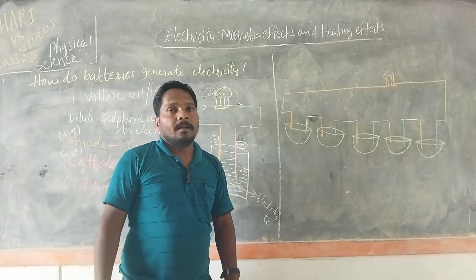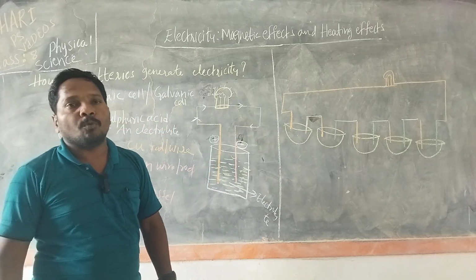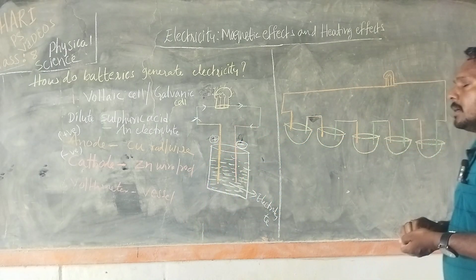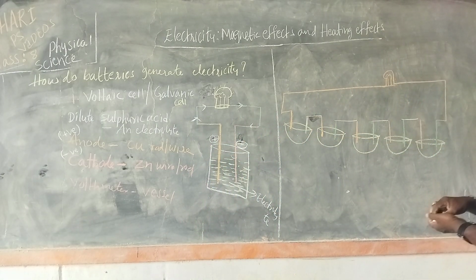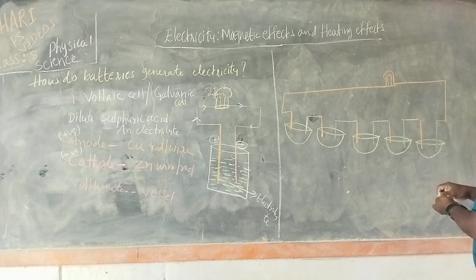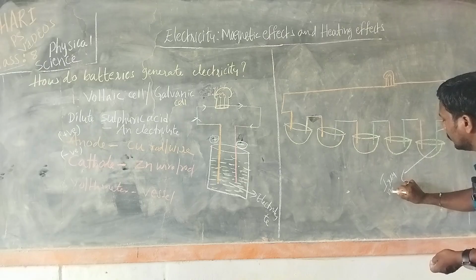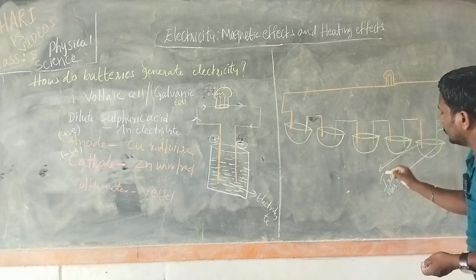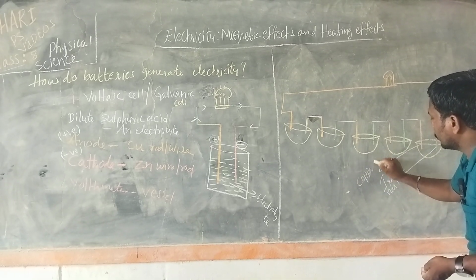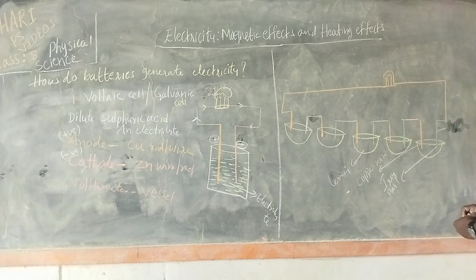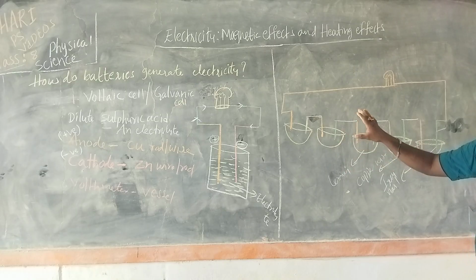In this way, we also prepared our own voltaic cell using lemons. Here this is an iron nail, then the other one is copper wire, and the lemon. The lemon contains citric acid.